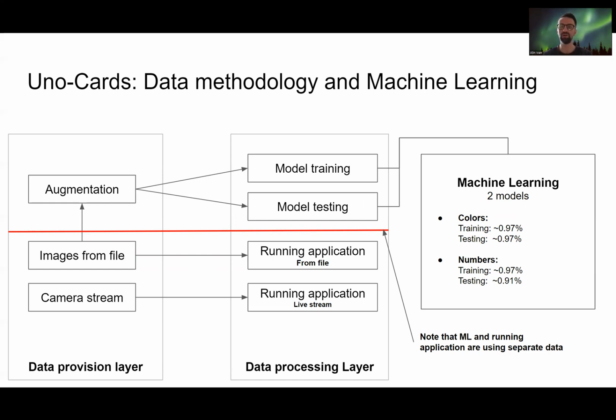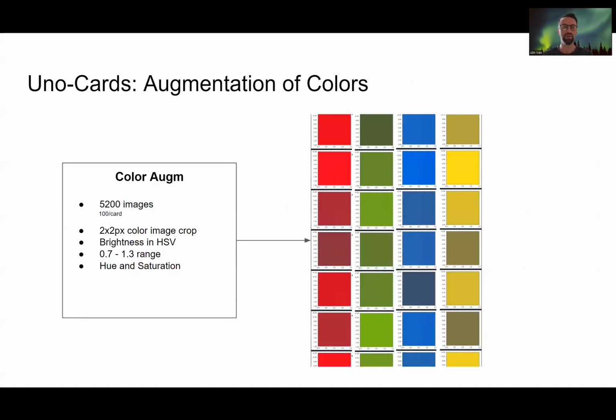The 2 machine learning models were k-nearest neighbors, one for colors and one for numbers. The training and testing results were in excess of 90% accuracy.